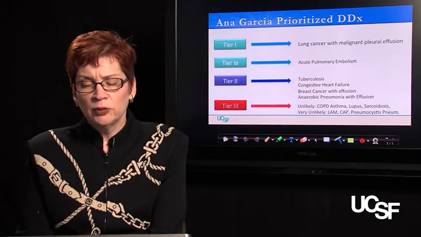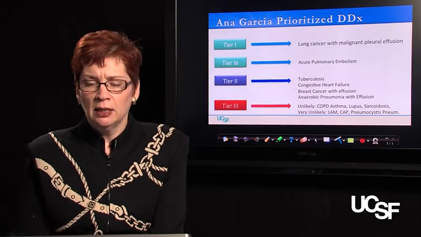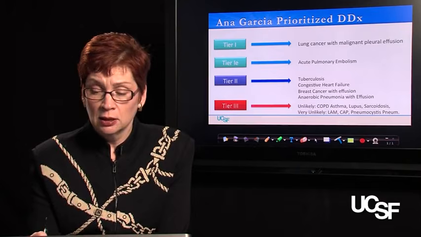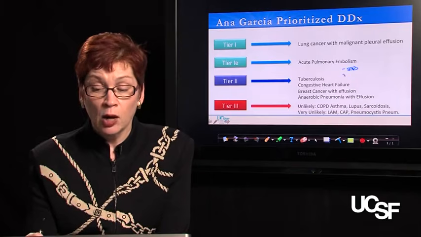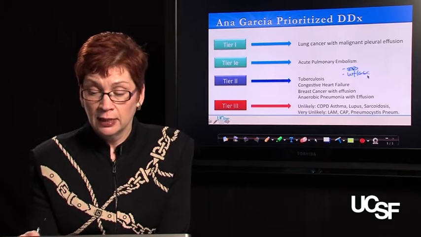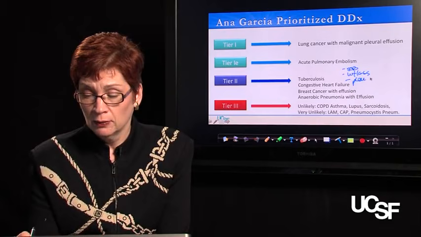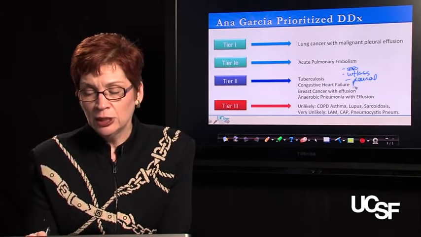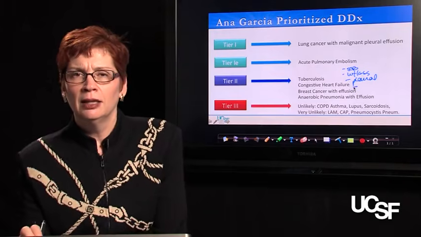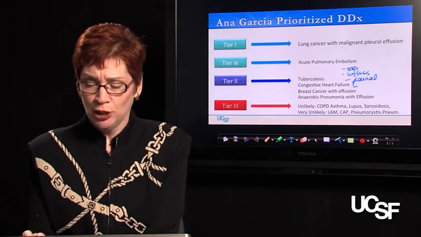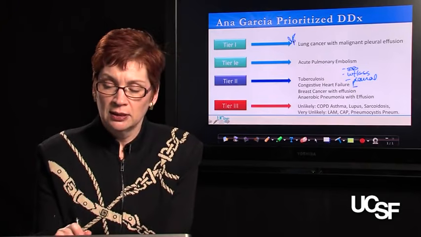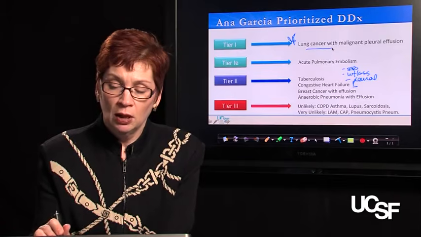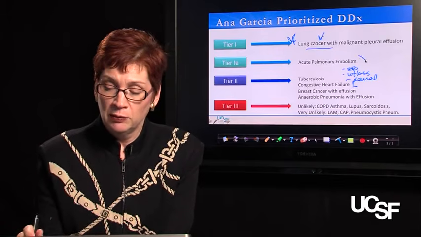Tuberculosis. Tuberculosis is really an interesting one because it can cause shortness of breath for sure, dyspnea and progressive dyspnea. It can cause weight loss. It can cause a pleural effusion. And interestingly, there are pathologic lymph nodes in tuberculosis. I forgot to mention that up here with a lung cancer diagnosis. That pathologic lymph node would certainly be explained by this, but would not be explained here.